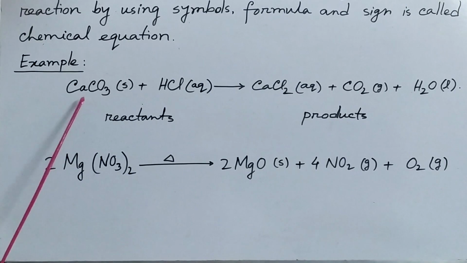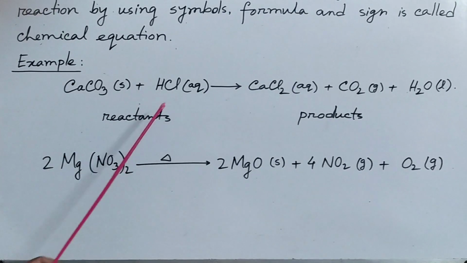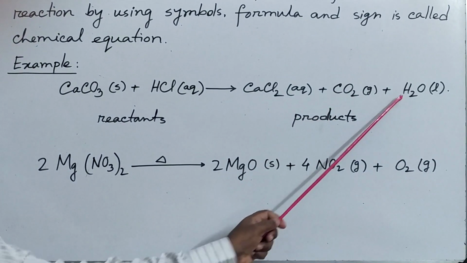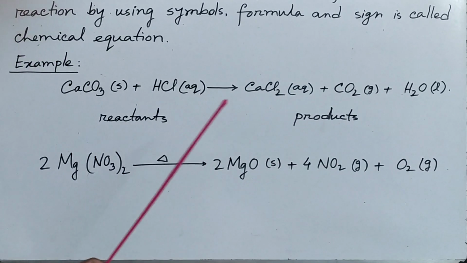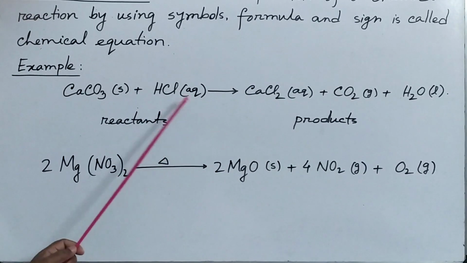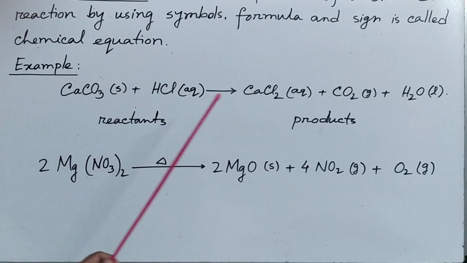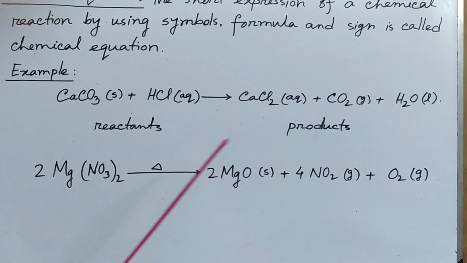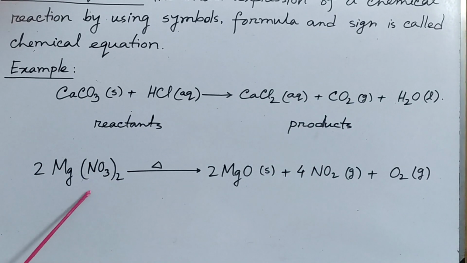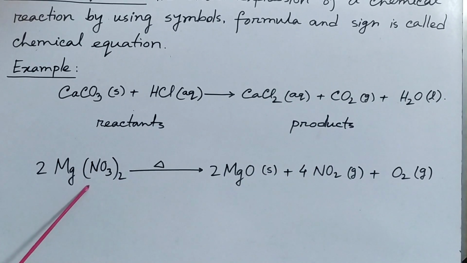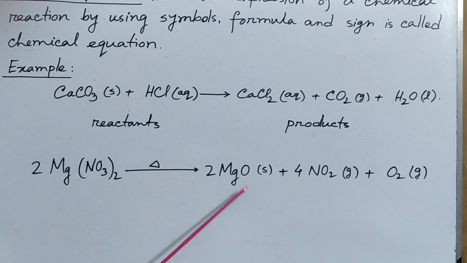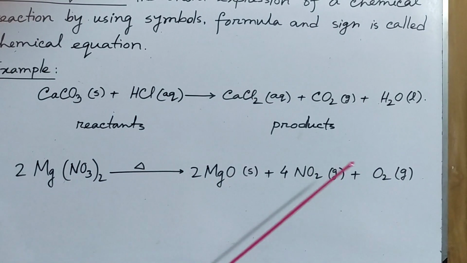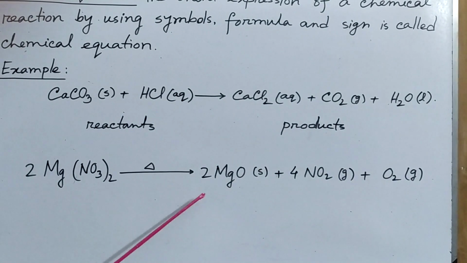So here calcium carbonate and hydrochloric acid are reactants, calcium chloride, carbon dioxide, water are products. So reactants are written on the left side and the products are written on the right side. So in this reaction, what is reactant? Magnesium nitrate is reactant. Then magnesium oxide, nitrogen dioxide and oxygen are products.